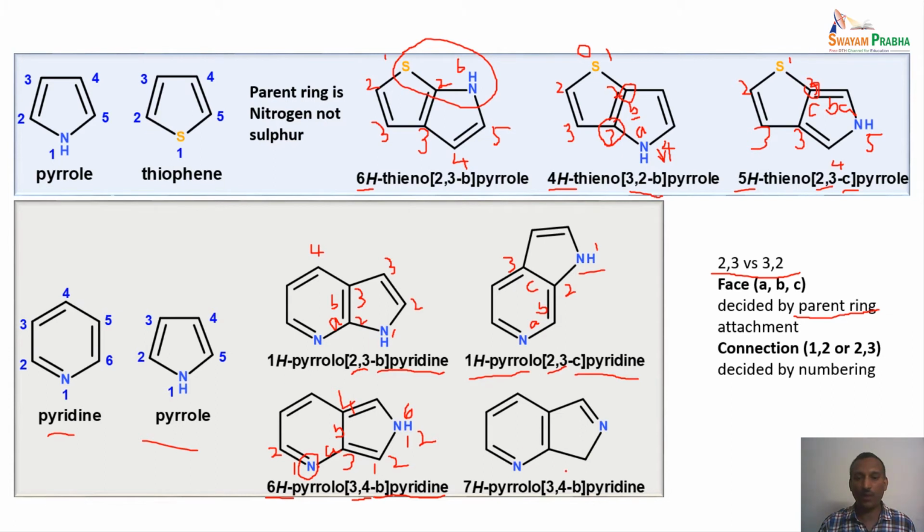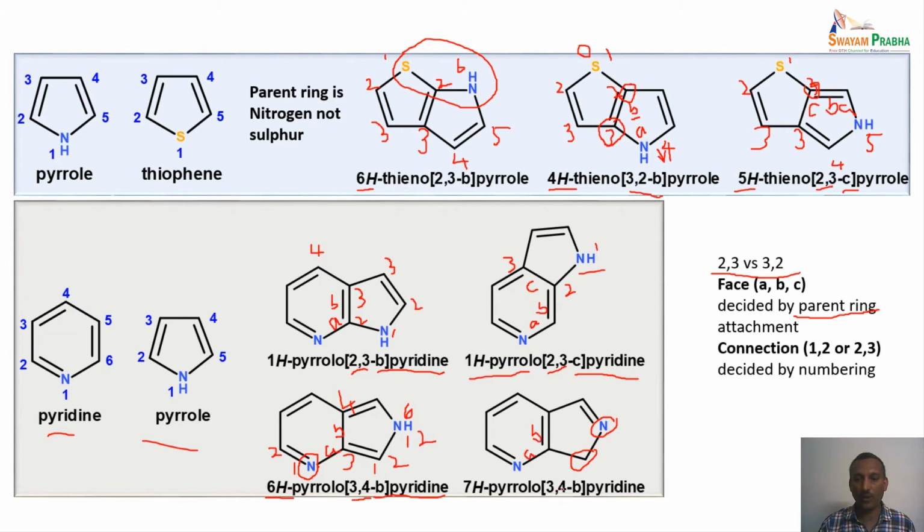And when we come to this compound, this is a CH2 carbon. That is, this carbon is having 2 hydrogens, and this nitrogen now has no hydrogen attached to it. So this numbering will be a little bit different from the previous one. So in this particular case, it is again a and b face.